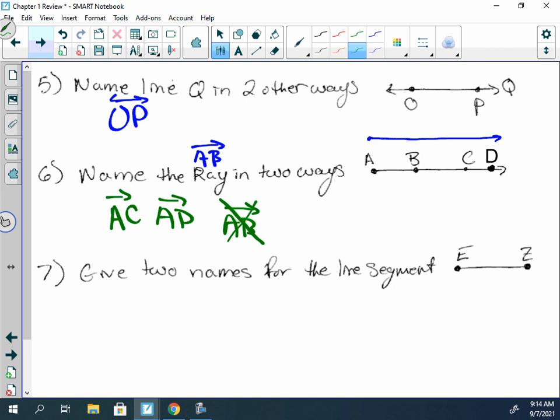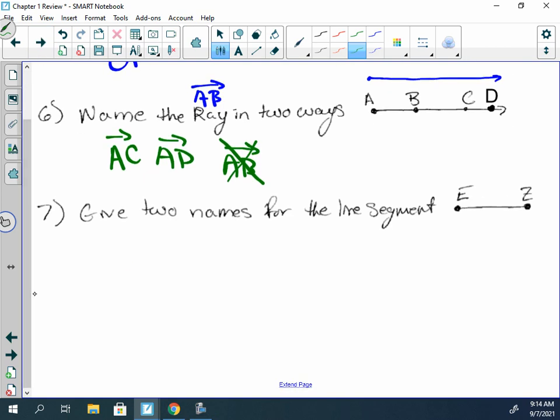Rewriting down the same ray is not naming it in another way. So if it tells you already name ray AB in 2 other ways, you need 2 other ways. Just writing it back down does not count. Number 7: EZ or ZE.